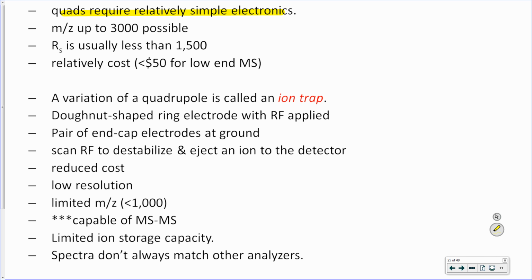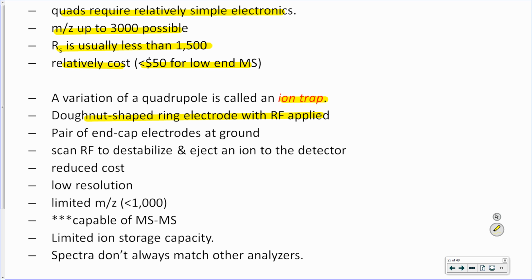They can transmit up to 300 M/Z, but usually you're talking about resolutions that are less than 1500, which is okay for a lot of analyses, and their cost is pretty cheap, typically somewhere in the neighborhood of 50 to 70,000.